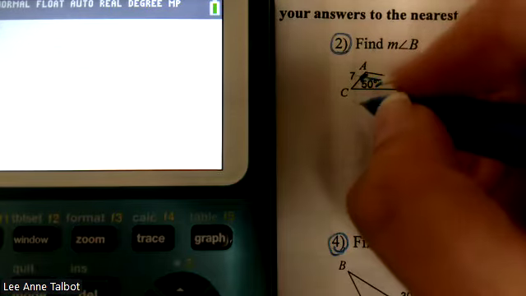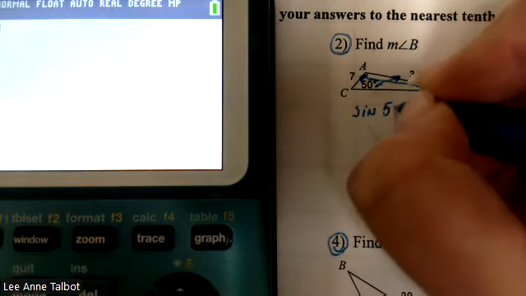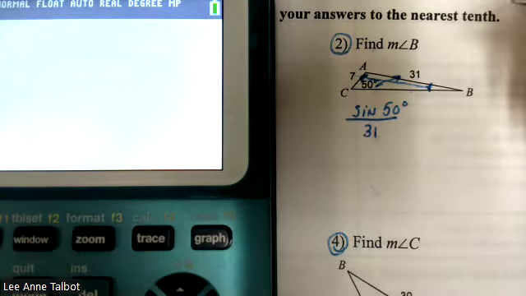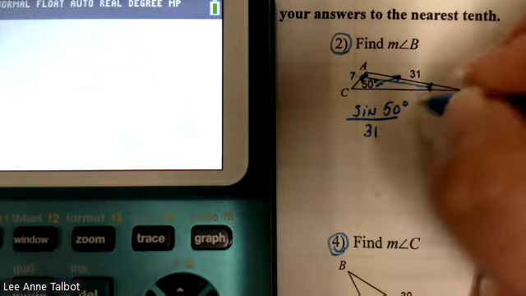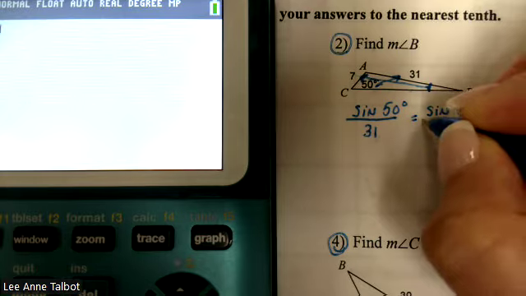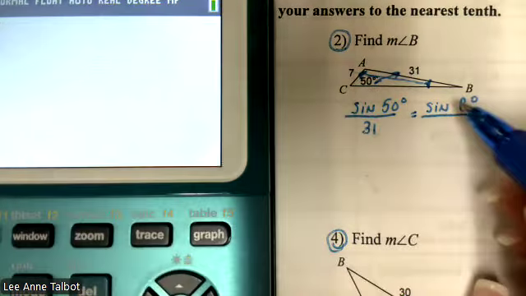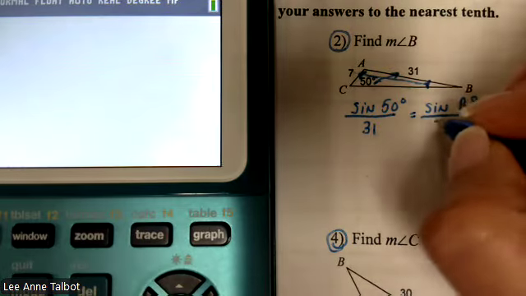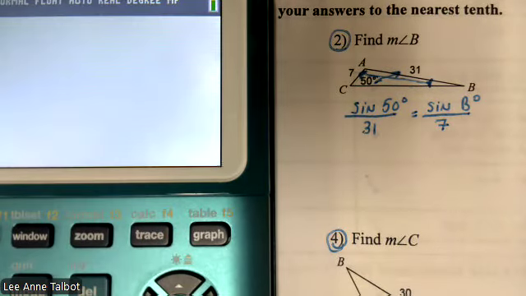Okay. Sine of 50 degrees over the side across, which is 31, equals sine of B over 7. So remember in this one, we're finding the angle. So the angle is the variable, which is across from the 7.